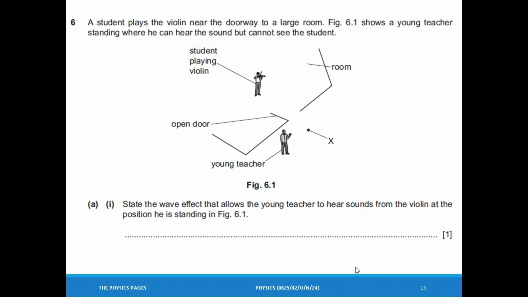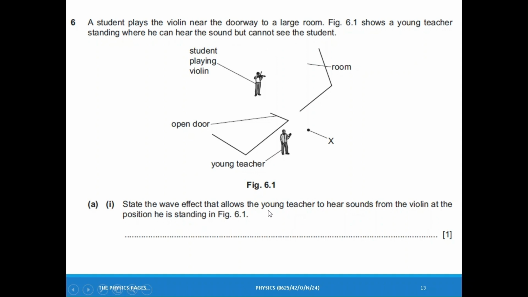Physics 0625 Paper 42 October-November 2024. Question 6. A student plays the violin near the doorway to a large room. Figure 6.1 shows a young teacher standing where he can hear the sound but cannot see the student. Part A1.